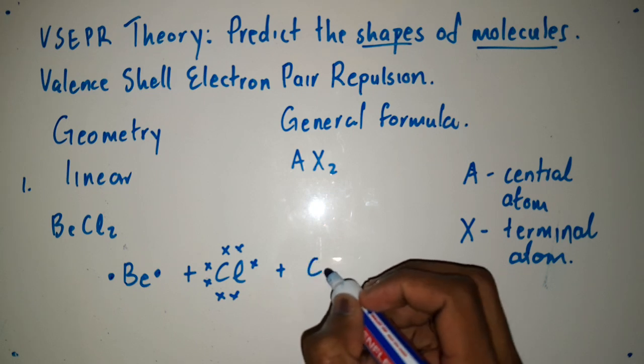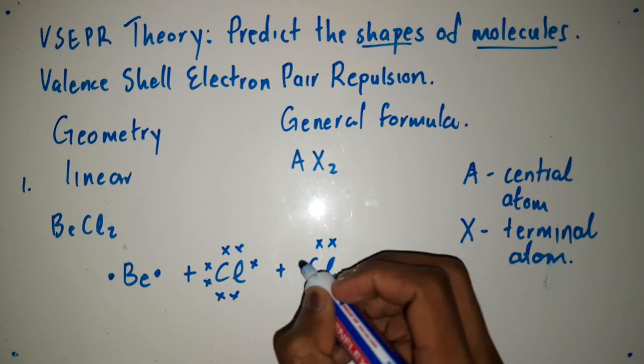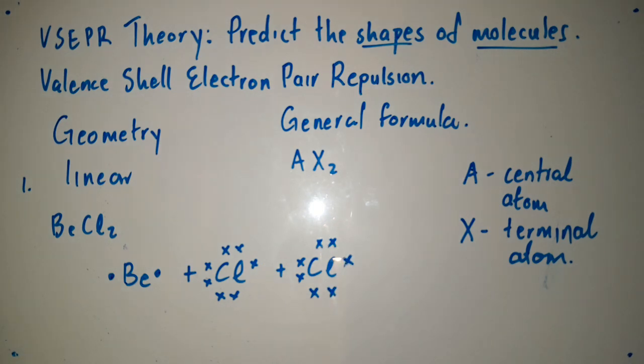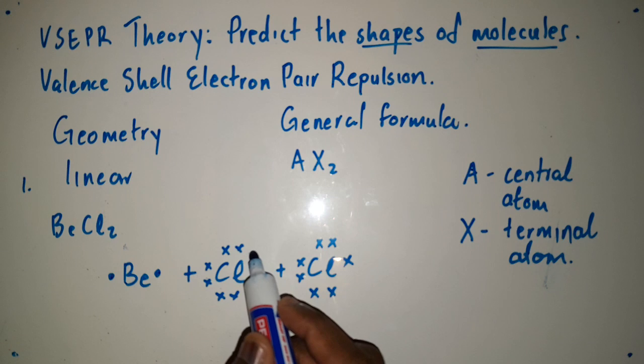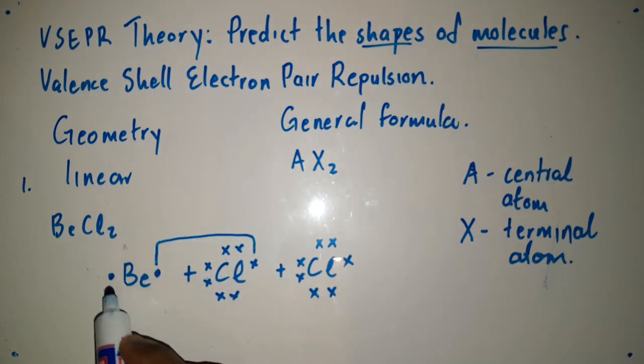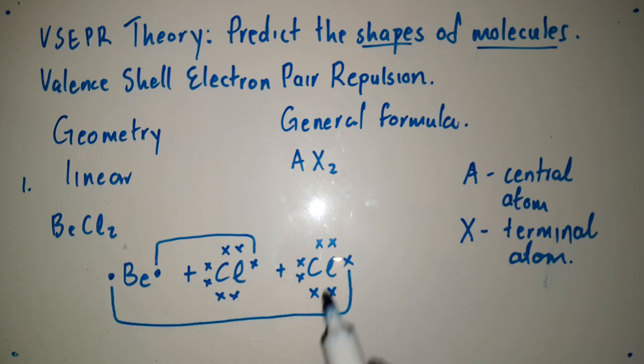Understand? Then what is going to happen? We can clearly see that this valence electron is going to pair with 1 of Be. Same applies, this valence electron is going to pair with the other electron of Cl.